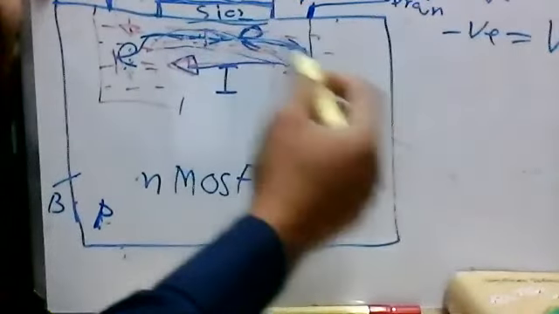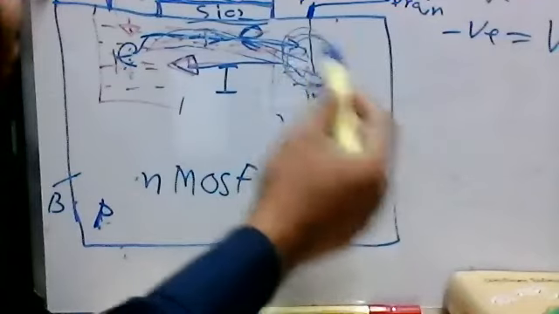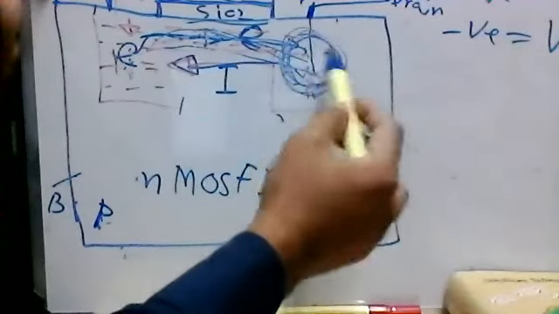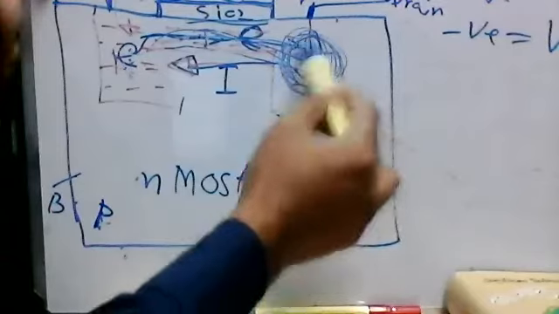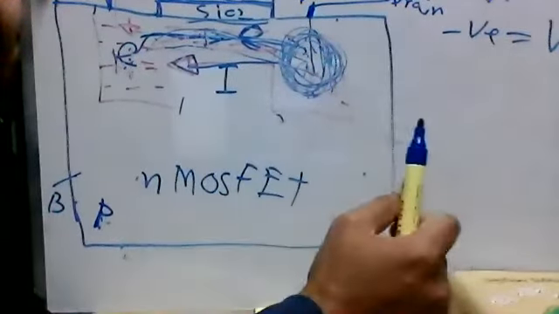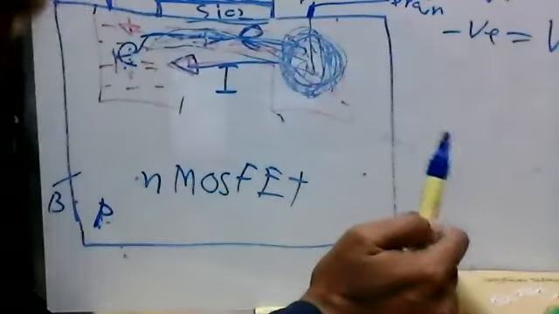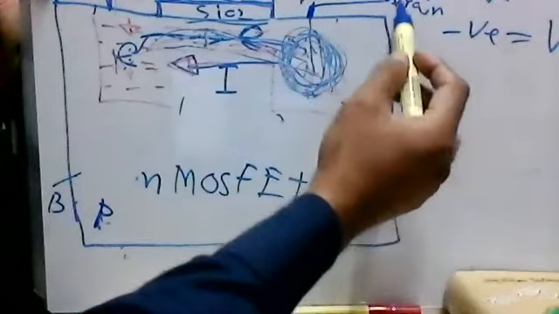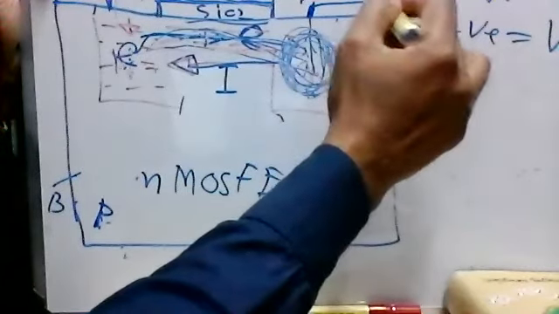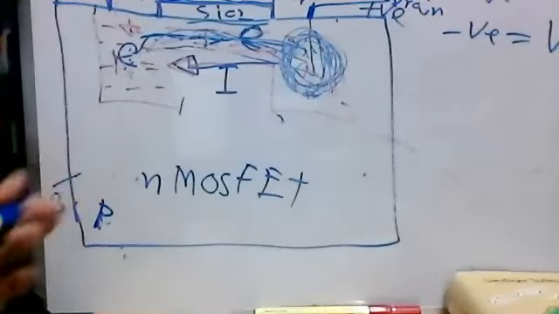The electron is coming from the ground and going through the channel, and then accumulating here, and they would be overflooded here. But before it's overflooded, it must be recombined with holes, and the holes are available in the drain, right? We know holes are available at positive voltage. So that means we have to apply a positive voltage at the drain. So this is the main working principle.